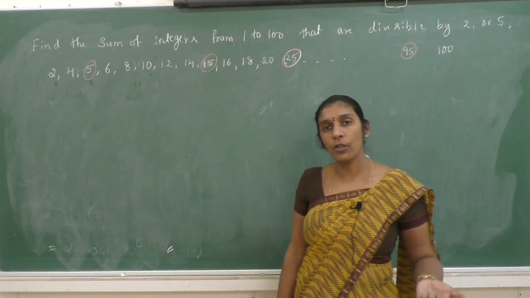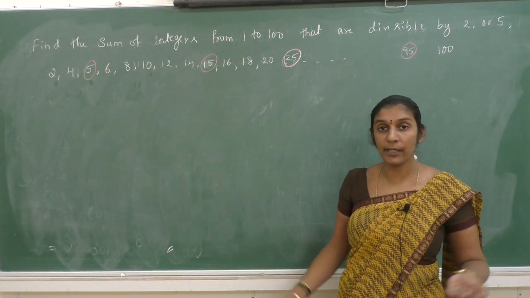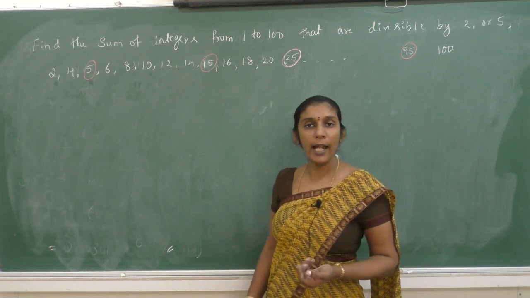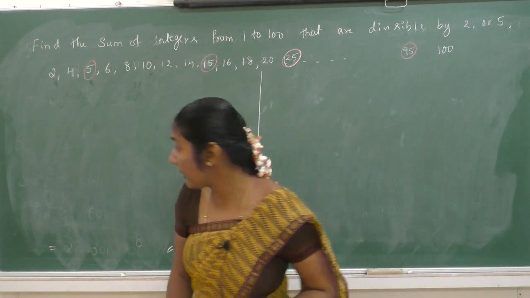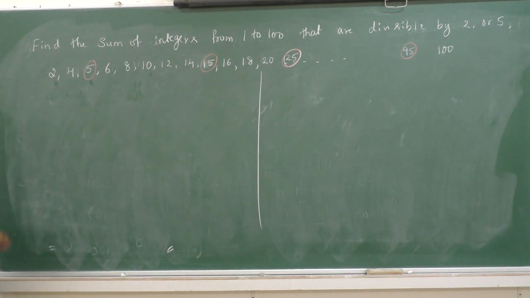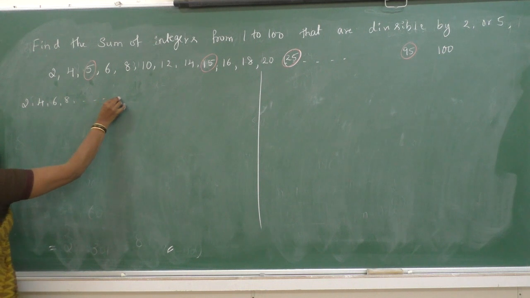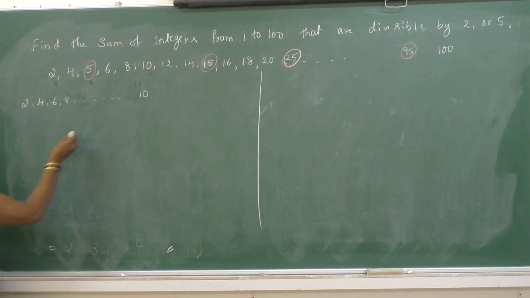We have to find the sum to n terms of each and then add the two. So the first sequence is 2, 4, 6, 8, and so on up to 100. In this sequence, a, the first term, is 2, and the common difference is also 2. Sum of how many terms?